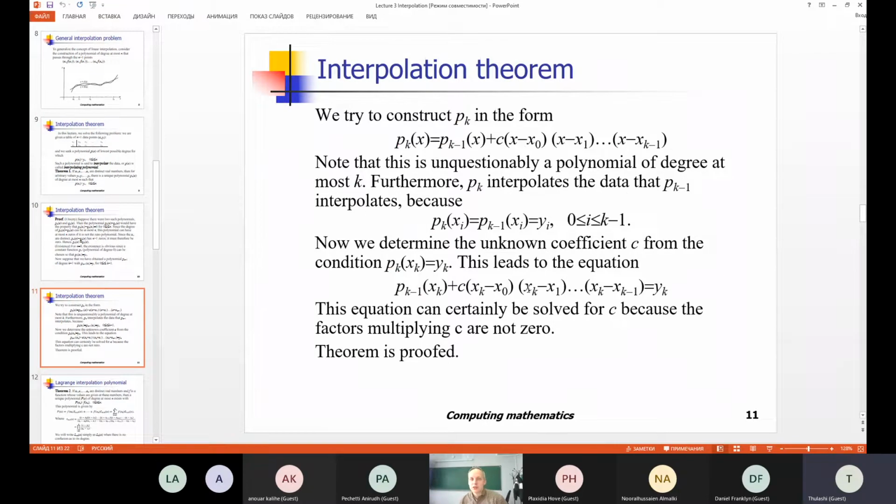Now let's try to construct a polynomial of degree k using the following form. This form is written on the slide. Let me reproduce this form on the board to explain it for you.